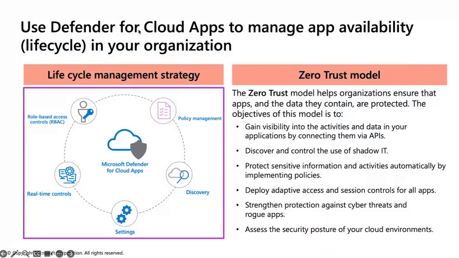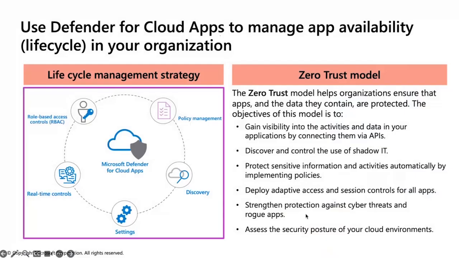Using Defender for Cloud Apps, we can see what different applications we have in the organization. We can discover and control the use of shadow IT. We can protect sensitive info by applying policies like DLP. We can apply conditional access policies.